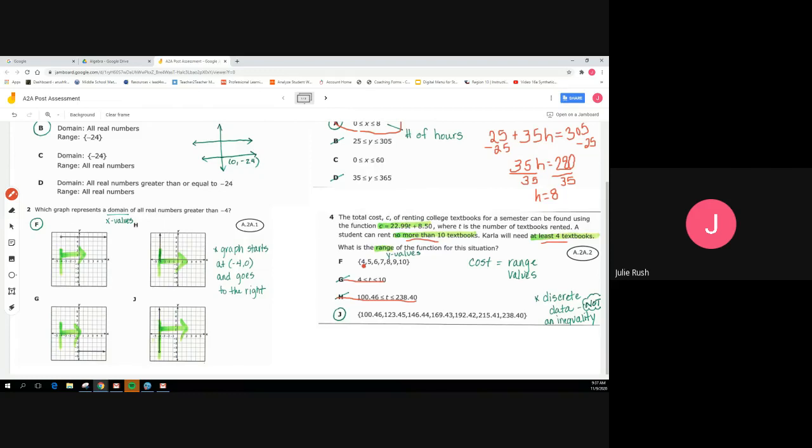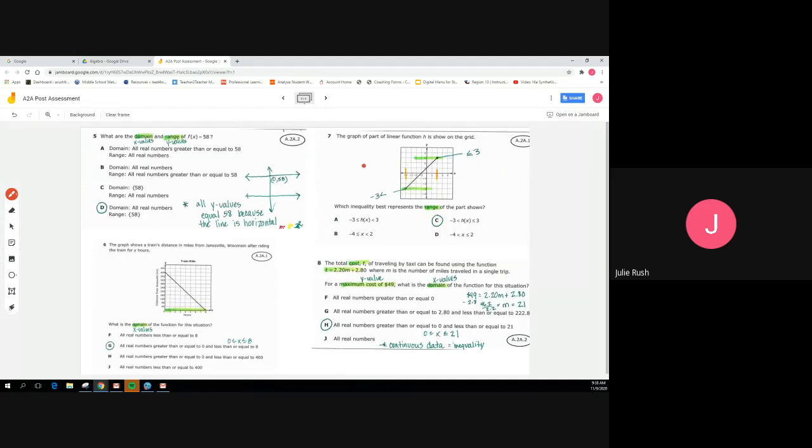And so I can either pick 4, 5, 6, 7, 8, 9, 10, which is the number of books, or I can pick J, which is the cost of the books. And I'm going to go with J because I want the range, which is the cost, not the number of books. If they had asked for the domain in this particular one, then the domain would have been F.